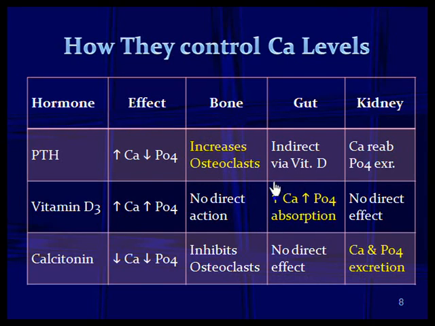For vitamin D3, the major activity is at the level of the gut by increasing the calcium and phosphate reabsorption through the calcium receptors. Whereas for the calcitonin, the major action is at the level of the kidney by facilitating the excretion of both calcium and phosphate. These three hormones in this way maintain the calcium homeostasis.